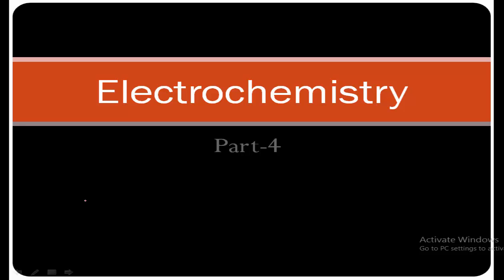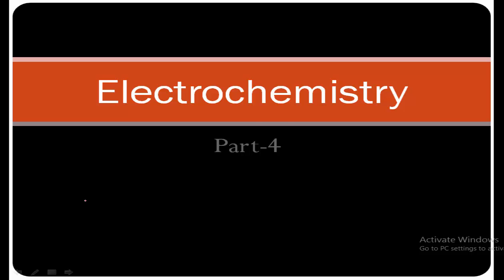That can be calculated by using an important equation known as the Nernst equation. So by using the Nernst equation, we can find the electrode potential value for any cell at any concentration, which we have seen in the previous video.